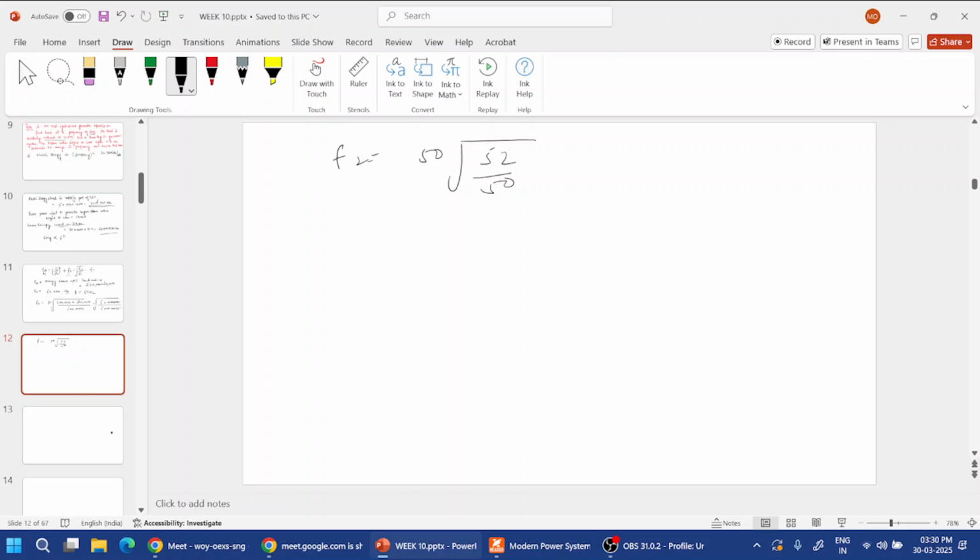So let me calculate its value first. Under root 52 divided by 50.